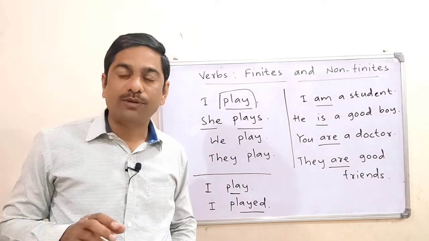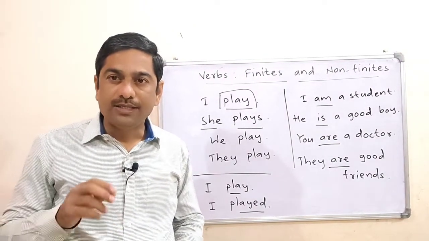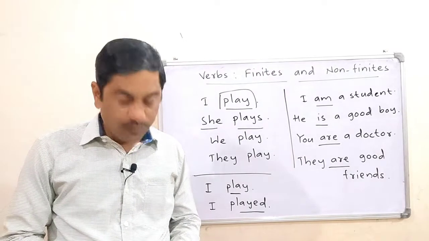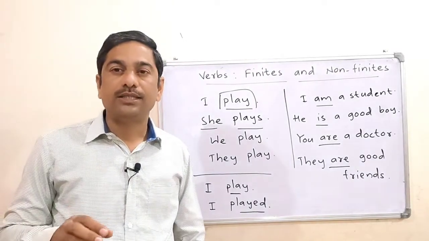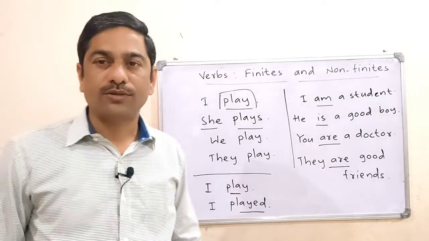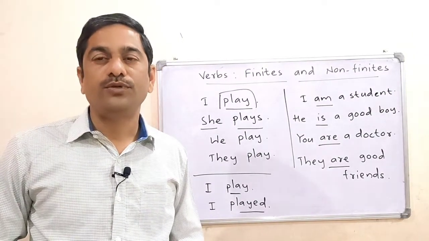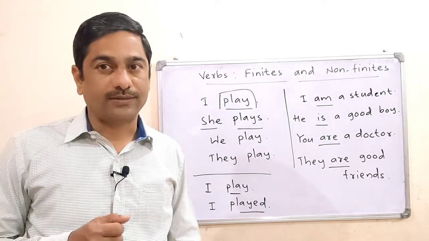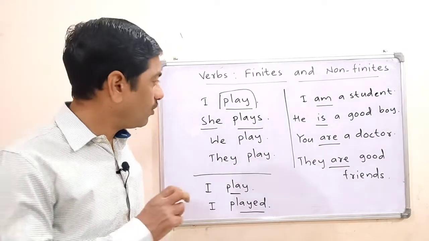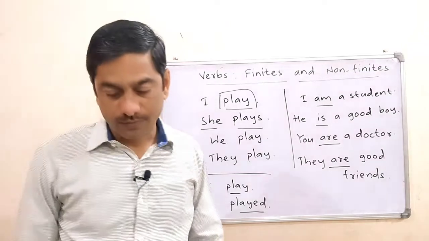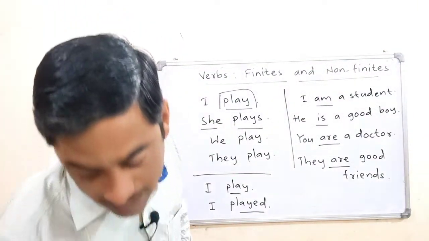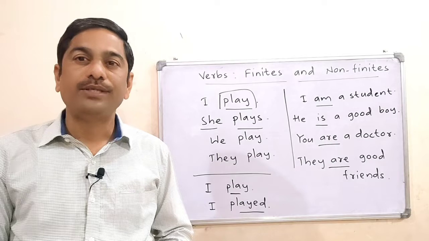So finite verbs have a subject and their form changes if you change the number of the subject, or the person of the subject, or if you change the tense. Then that verb is a finite verb.